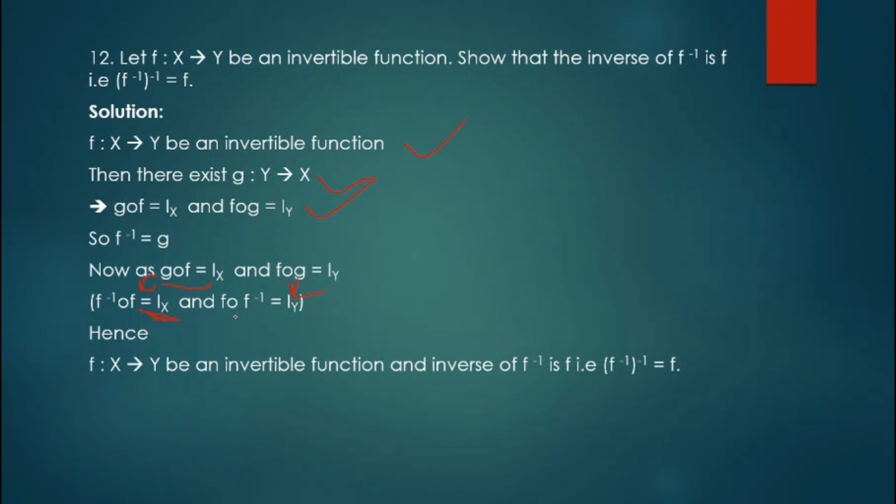And f o f inverse equal to I_Y, again this is also satisfying a condition for inverse function. So hence f: X to Y is an invertible function, and inverse of f inverse is f, that is f inverse of inverse equal to f. So here we complete our 12th question. Thank you.